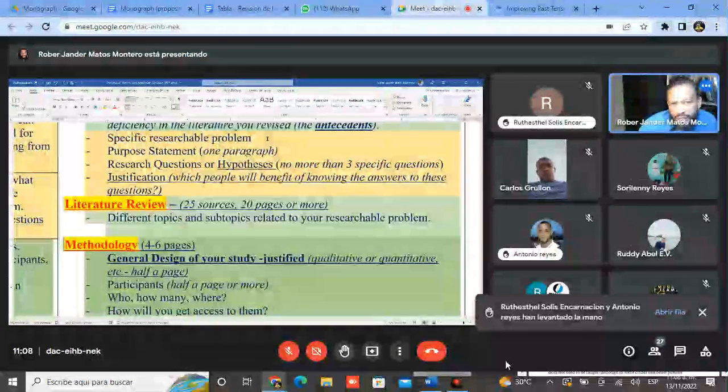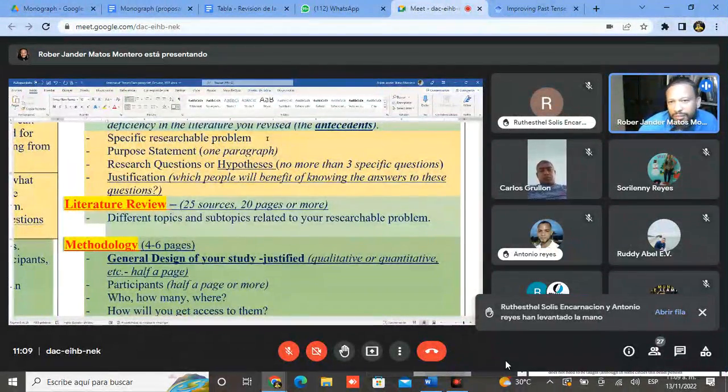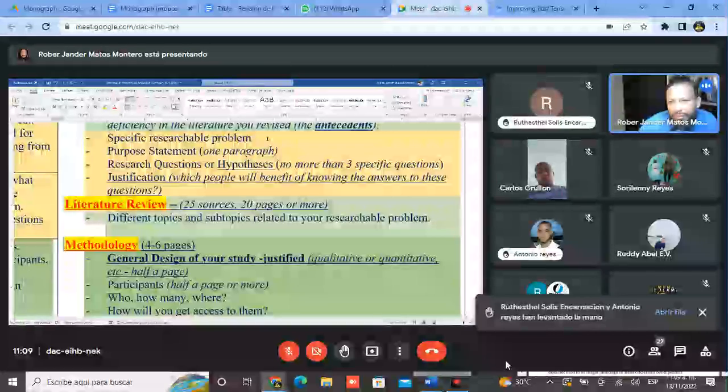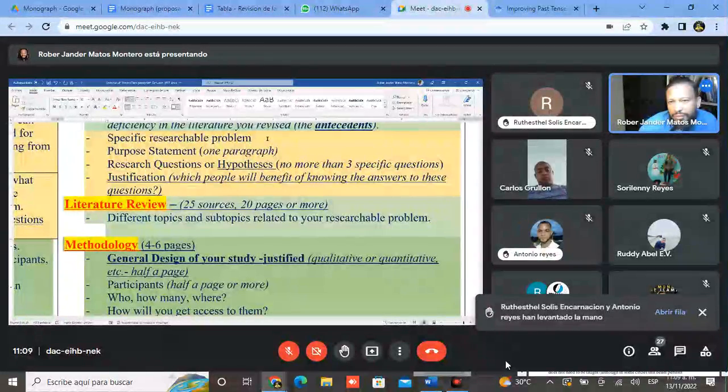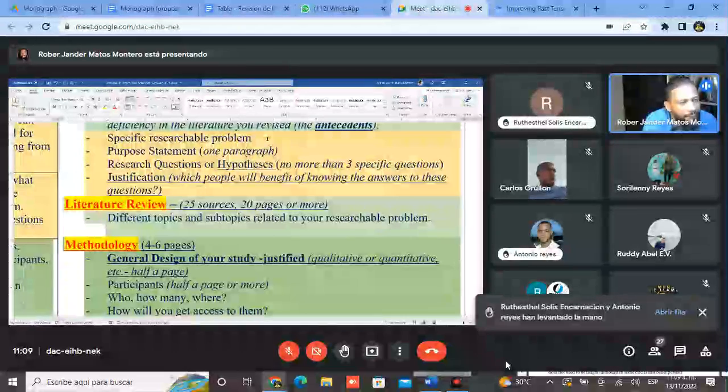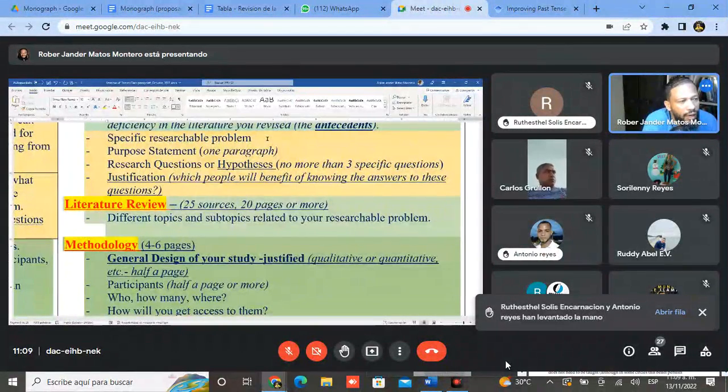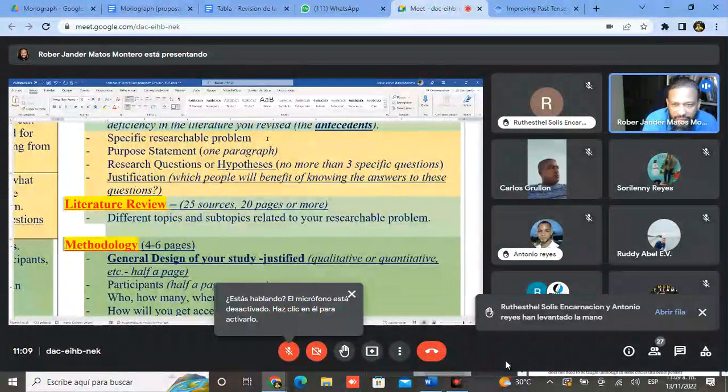You can, in one single problem, that is not correct. You need to be more specific, but if you are able to put it, then you have a mixed method. And once you have the mixed method, and that happens with all three types of general design of methods, you have three mixed method studies.